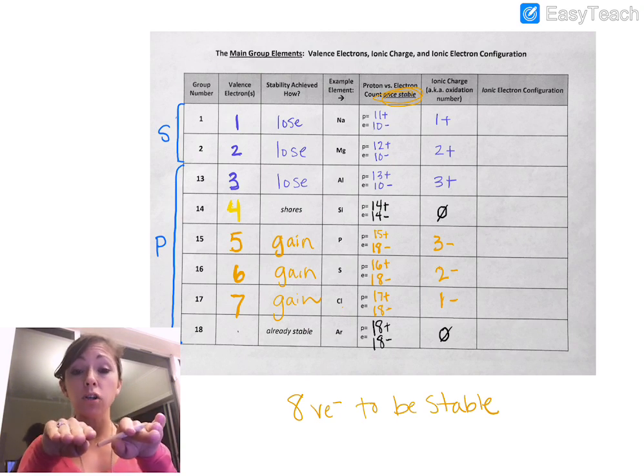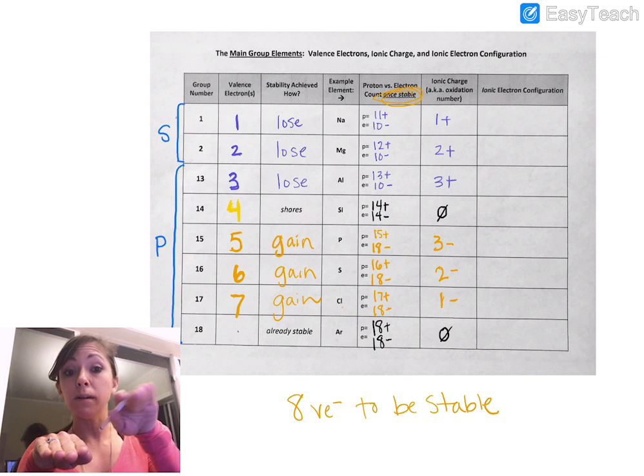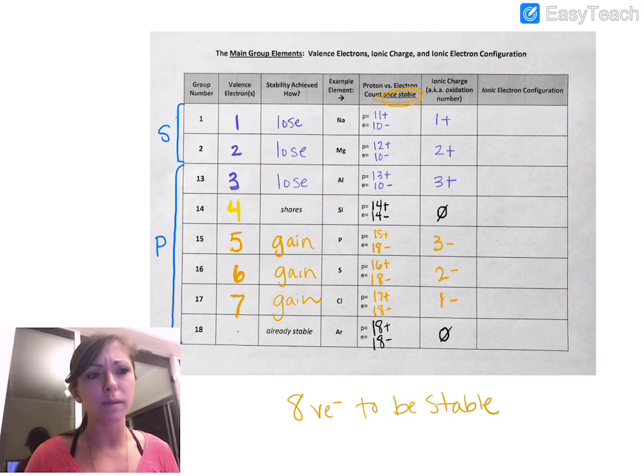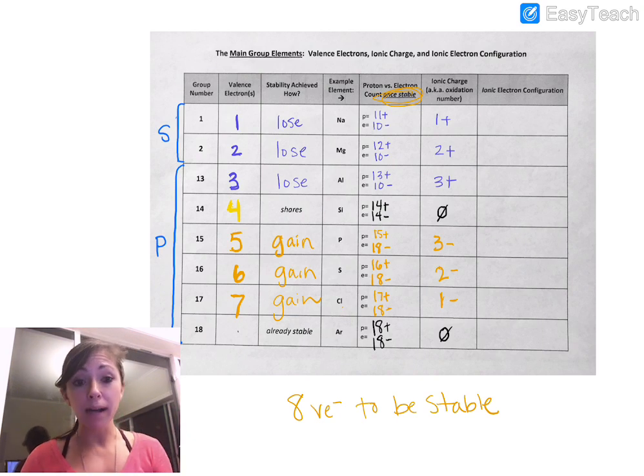You got protons and equal electrons. Did you lose electrons? And now the protons are on top, so you got positive charges. Or if you have your equal protons and electrons and they gain, now there's a surplus of negative electrons, and so now it has a negative charge. All right, so that is how ions are formed, and then together the positive and negative ions stick together like glue and create an ionic bond.